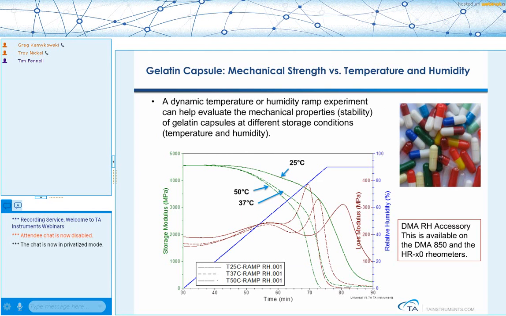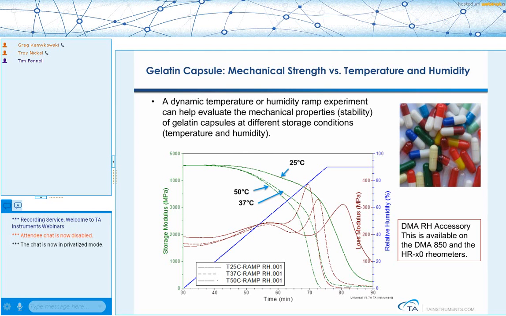So in the example that we're showing here, we illustrate the moisture sensitivity of a gelatin capsule, and we do this by using our RH accessory on either the DMA 850 or one of the HR rheometers. So this test is done isothermally, but as time progresses, we're doing a humidity ramp.